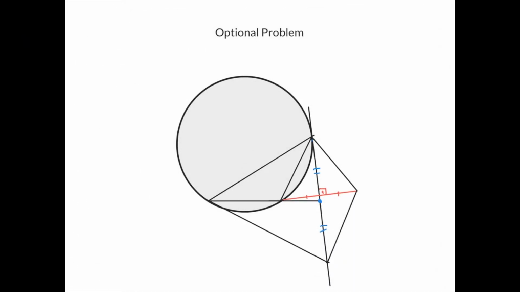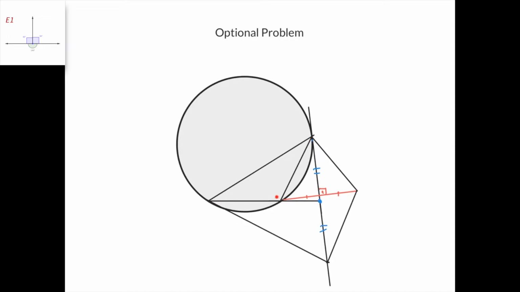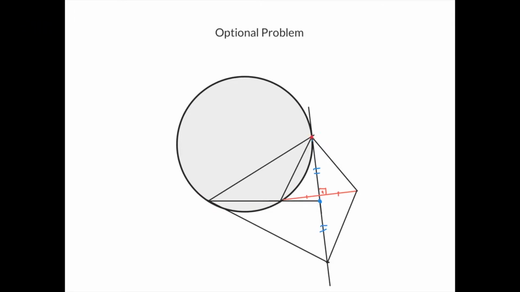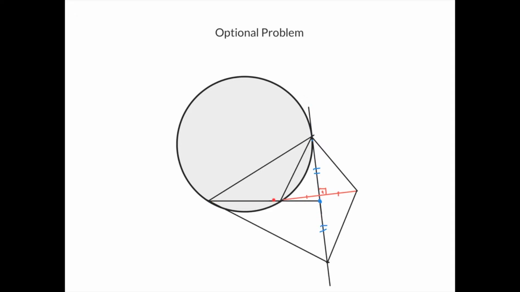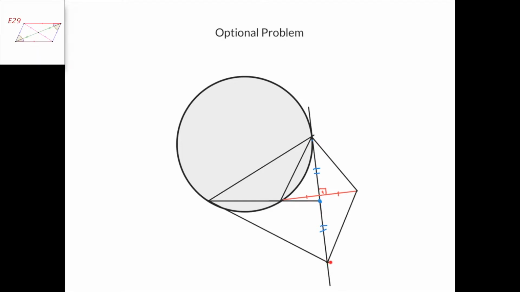Here's the optional problem. We start with an obtuse angled triangle here, with this angle is obtuse. This is its circumcircle. Then this here is a tangent line at this vertex of the triangle to the circumcircle, and it intersects the side of the triangle here at this blue point. This point is defined as the reflection of this point with respect to this blue point here.